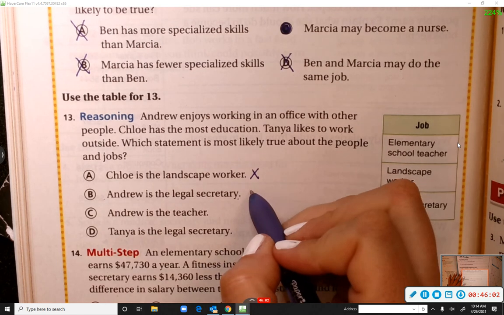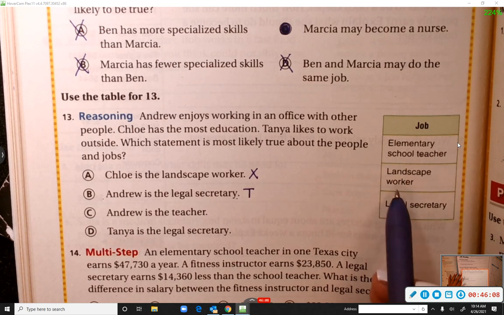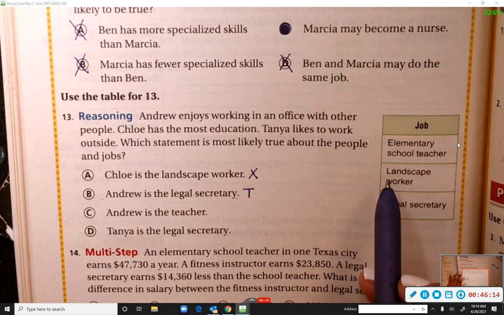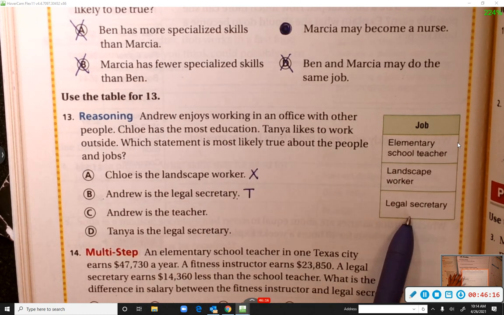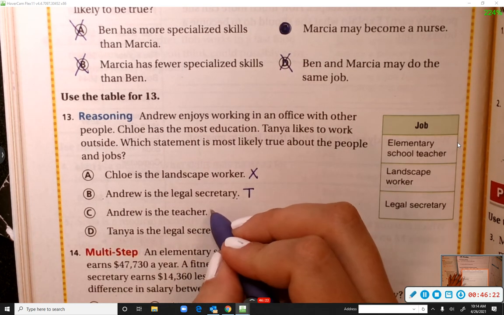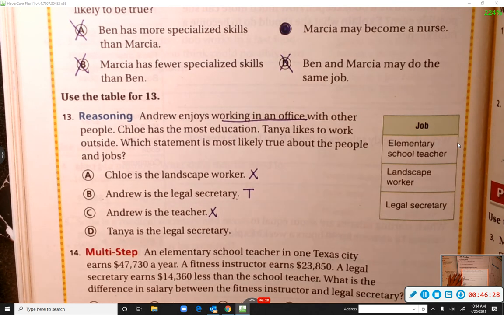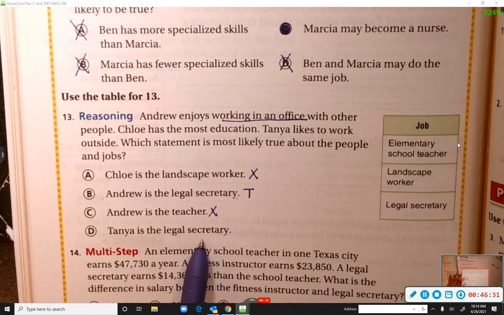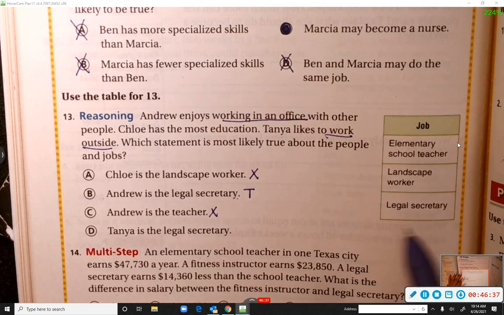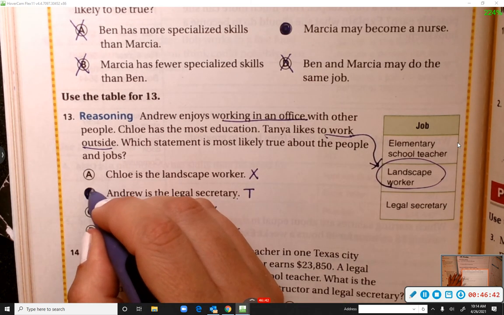That could be true. Does the elementary teacher work in an office? No. Does a landscape worker work in an office? No, they work outside. So if Andrew's working in an office, it most likely means he's the legal secretary. C, Andrew is the teacher? No, teachers don't work in an office. They work in a classroom. D, Tanya is the legal secretary? No, because she likes to work outside. That is most likely the landscape worker. So B was the correct answer.